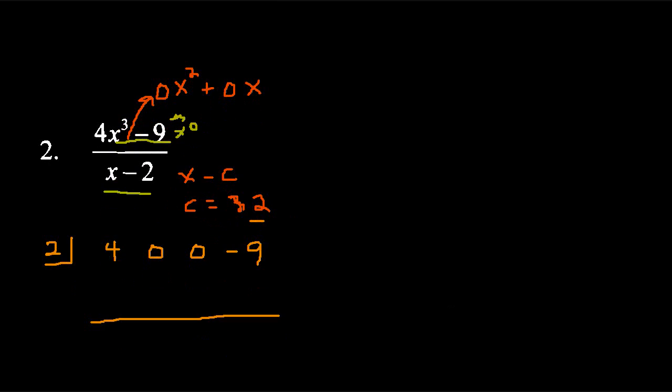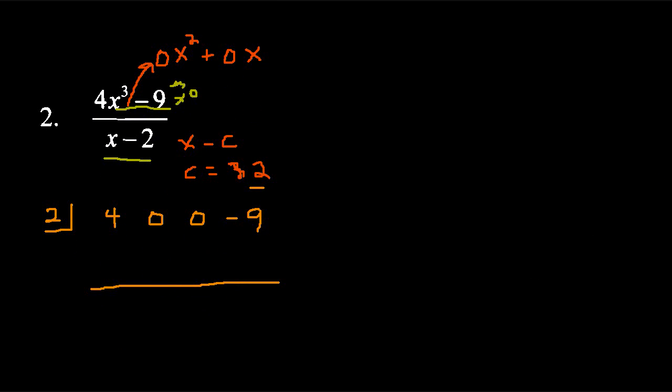And then do you remember from the first problem what we did after that? Yes, we draw a kind of an arrow down here to get the process going, and what that indicates is that we're just going to bring this 4 down below the line that we drew. And now we start a process of multiplication and then addition, repeating over and over again.